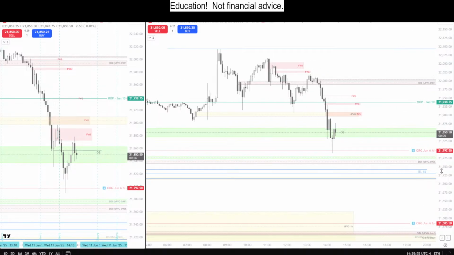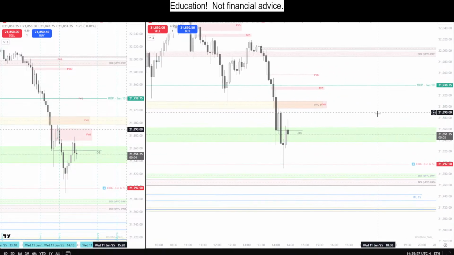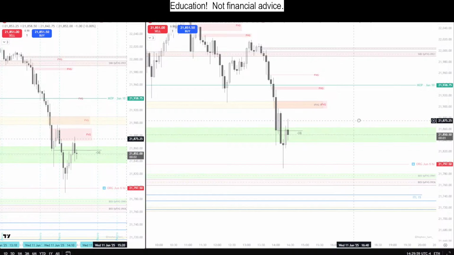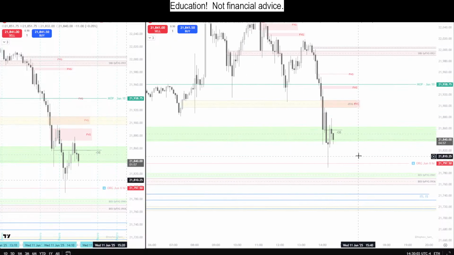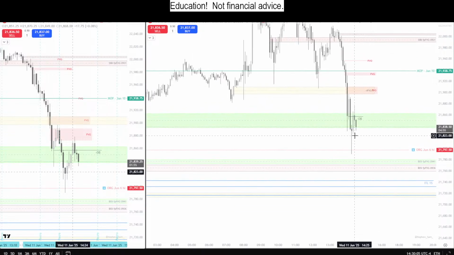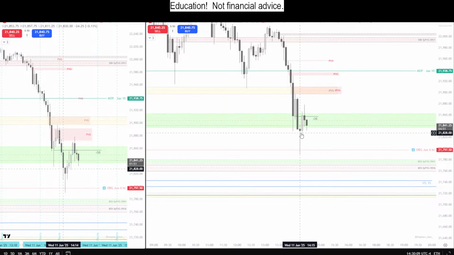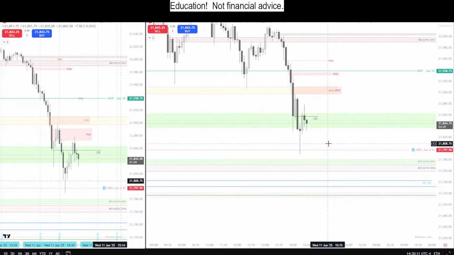All right, so on the 5 minute here, we wicked up into this 5-minute bearish order block, and it looks like we're probably going lower. If we close below this and we put in another 5-minute bearish order block, that indicates very likely continuation.